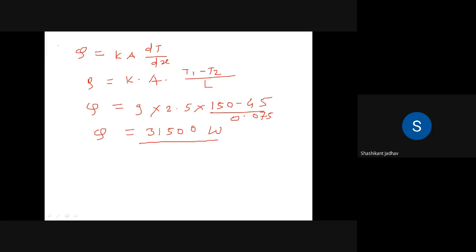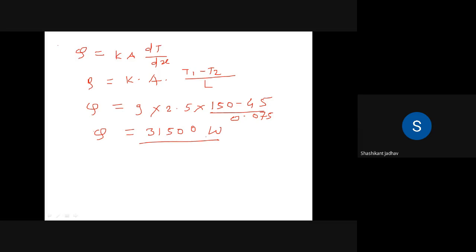Okay, so write down. Simple problem. Only this time they have changed the unit. What is the unit of thermal conductivity? Watt per meter degree Celsius is given, so we have to take the temperatures in degrees Celsius.